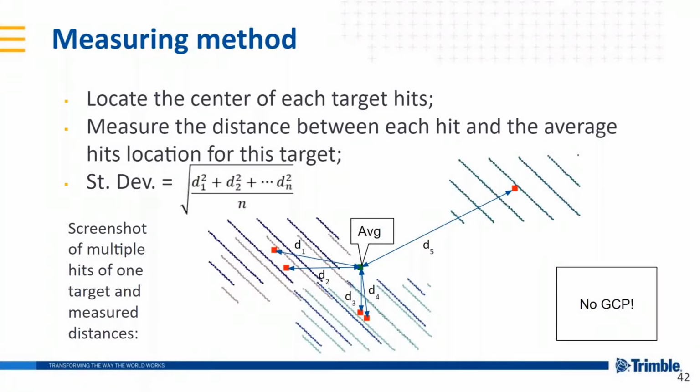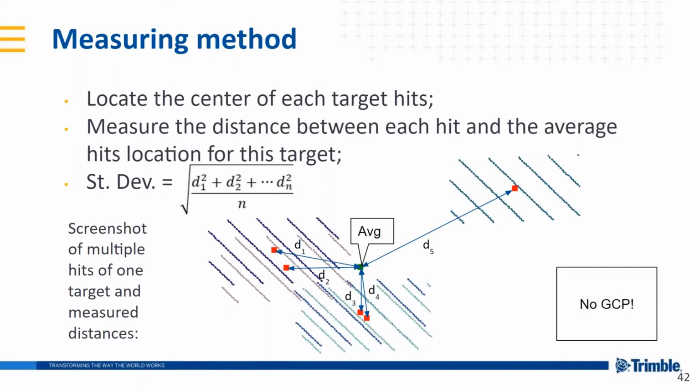The measuring method we use is to locate the center of each target hit, and then we measure the distance between each hit and the average hit location for this target. We calculate the standard deviation, which gives us an estimation of the relative accuracy.